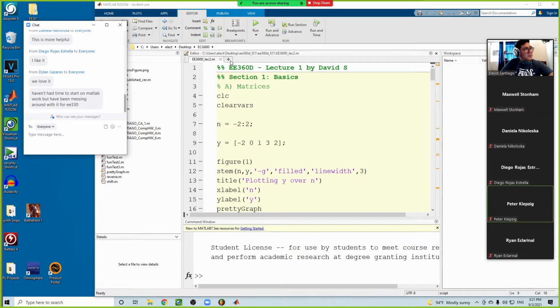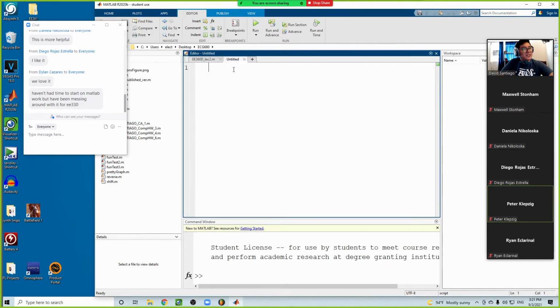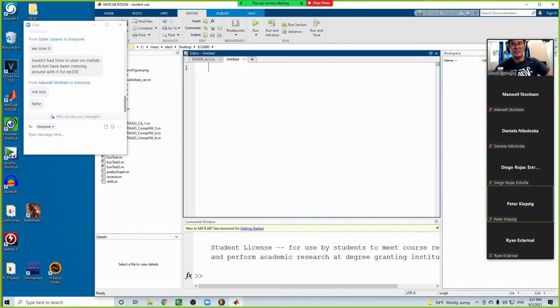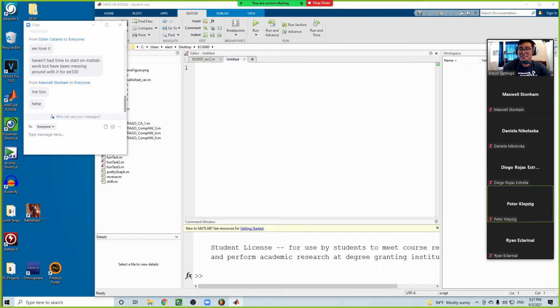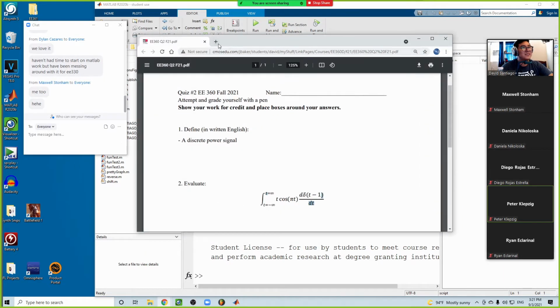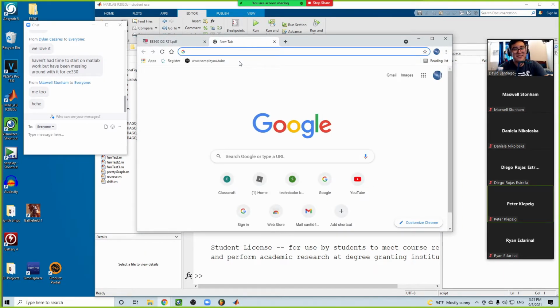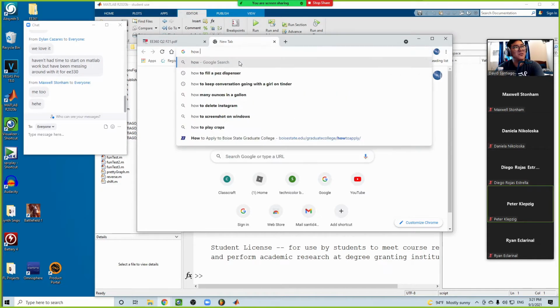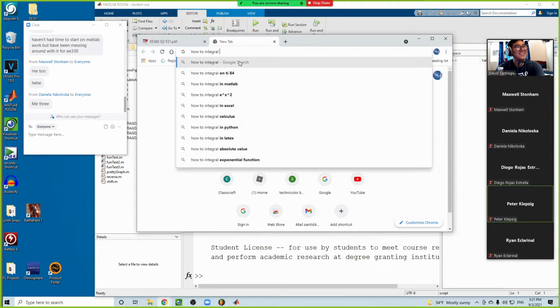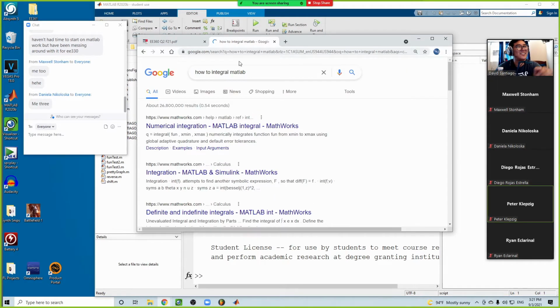I think one of the most important things that I want to talk to you guys about is, let me see if I can give you guys some additional help. So you guys know you can look this up, how to integral Matlab. There we go.